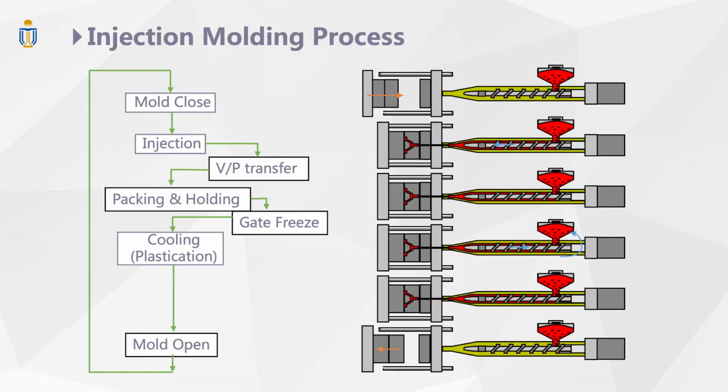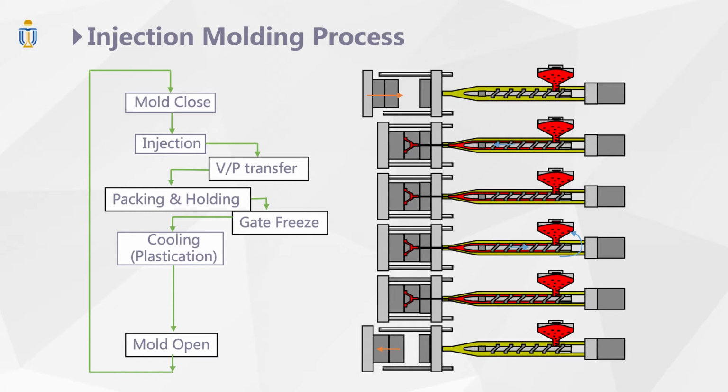The process is like this. It starts with mold closing, then injection of polymer melt into the cavity until the cavity is completely filled. Then the process switches to the so-called packing phase, so that high pressure can be maintained and additional material can be packed into the cavity to compensate for the shrinkage related to solidification.